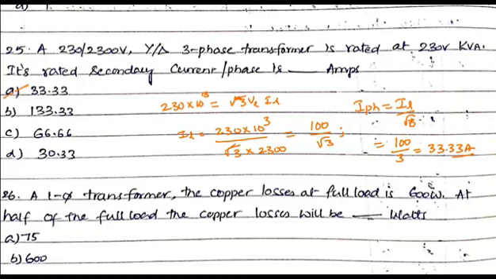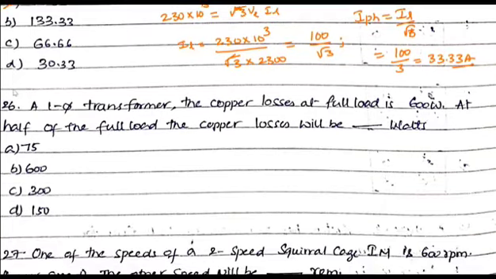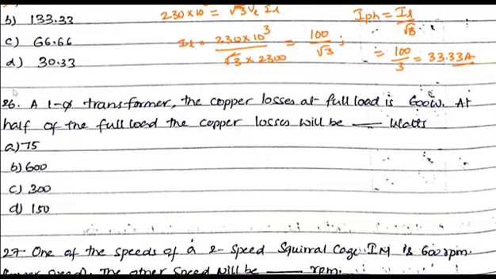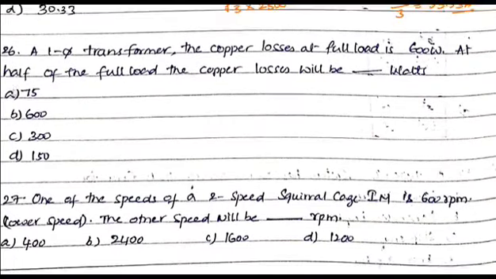Okay, so next question, a single phase transformer, the copper losses at full load is 600 watts. At half of the full load the copper losses will be dash watts. Okay, so copper losses at full load, WCFL, is equal to 600 into x square.